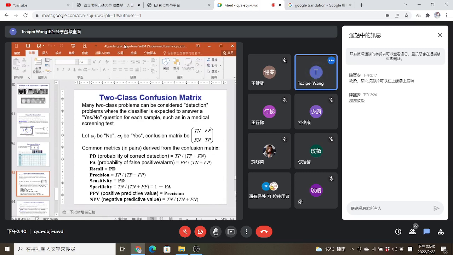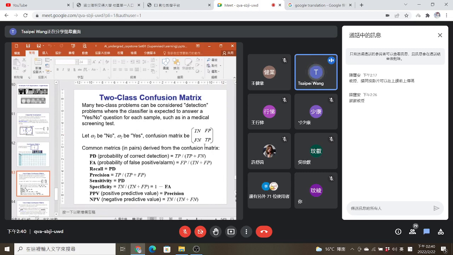Something is there or not. For that, you usually have a positive class and a negative class, or a true class and a false class. That kind of 2 by 2 confusion matrix represents something like that. So that's true negative, false positive, false negative, and true positive.